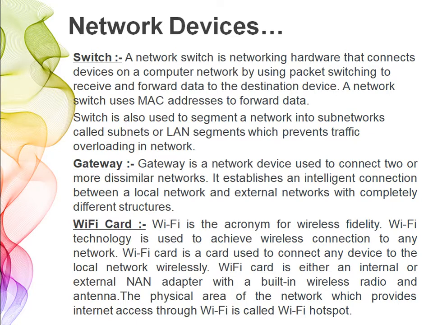Next device we have gateway. Gateway is a network device used to connect two or more dissimilar networks. Dissimilar networks means networks working on different protocols. It establishes an intelligent connection between a local network and external network with completely different structures. Generally, it is the system that is at the beginning of your network.